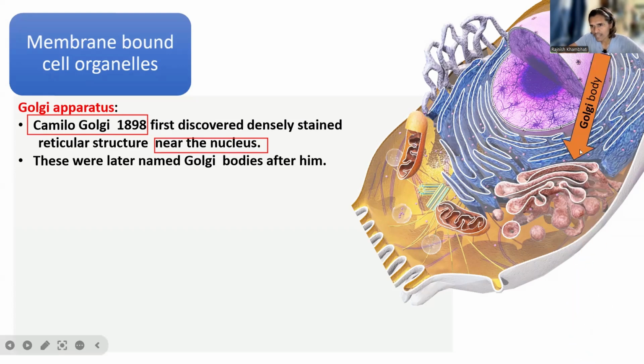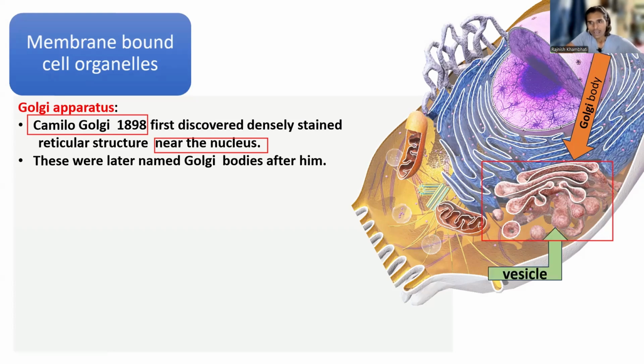This is the Golgi body. You see, this is the Golgi body in this image. It looks something like this. In this Golgi body, you can see these round circular structures.